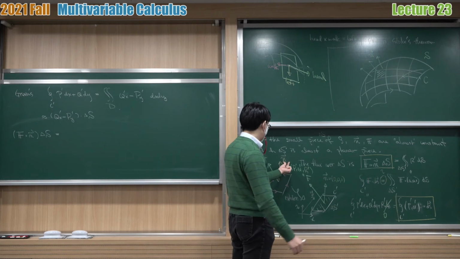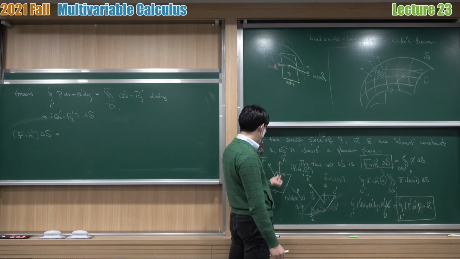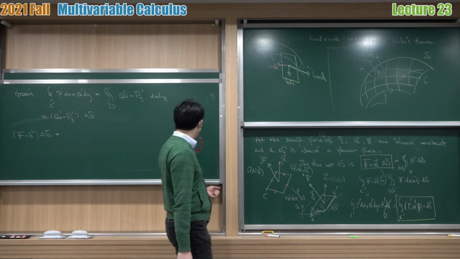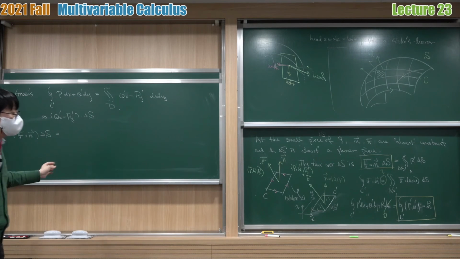I don't know what this direction is. I'm not going to give a component for this n and just use the fact that this is the component that I get, the n component of the vector field f.